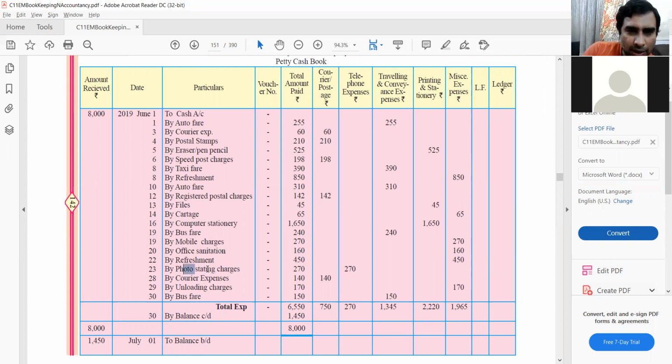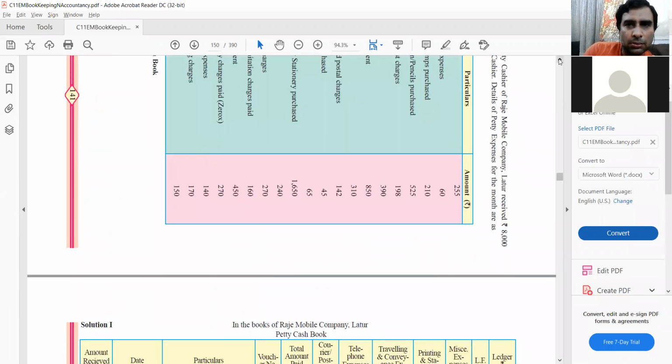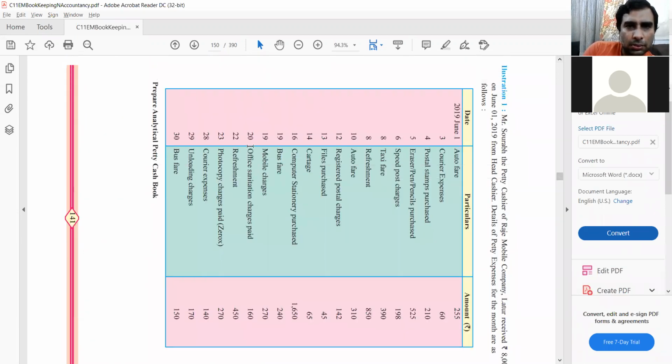So you see photostating, photocopying, Xerox charges, they put it in telephone expenses. This is wrong. Some printing mistake in the textbook. Let's just go to the back page, 23rd. 23rd is photocopying charges paid, Xerox charges.